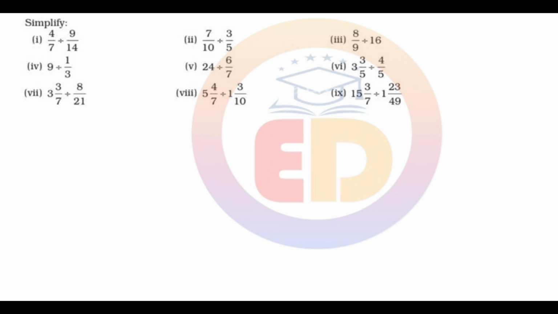Simplify 4 upon 7 divided by 9 upon 14. Now friends, here the question is asking to divide two fractions. And remember, to divide two fractions, we have to be careful about 2 points. First, convert the division sign to multiplication sign.